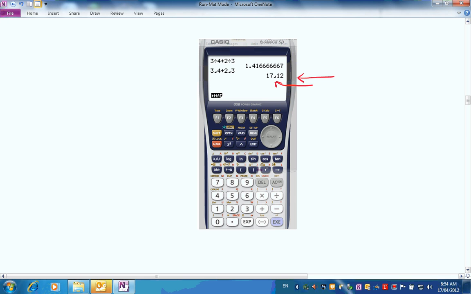Right, now let's do some work with subtraction and negative numbers. So I want you to change the setup back to math again. Remember what to do there. We hit Shift, Menu to go into setup, and if we then hit F1 this time, we will be back in the math setup.